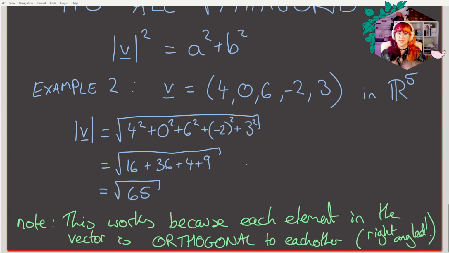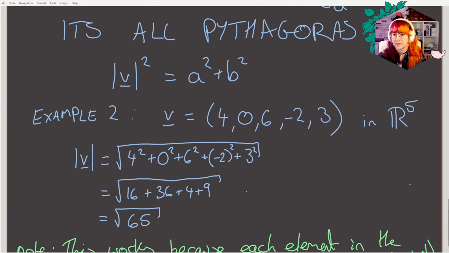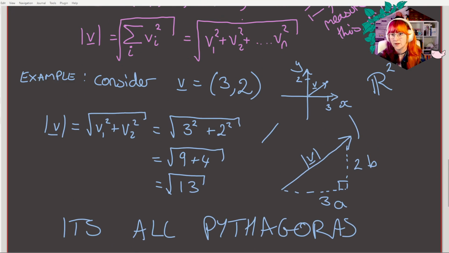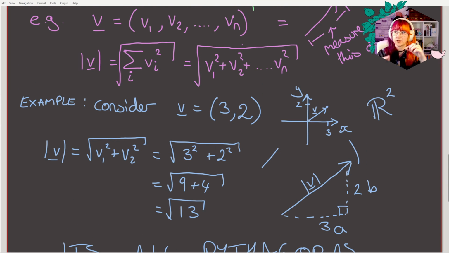So going back to my R2 example, I can draw a right angle triangle. And in R3, I can do another right angle triangle, and it's also orthogonal. Orthogonal means at a right angle too. I think there's probably a formal definition that I should include here.